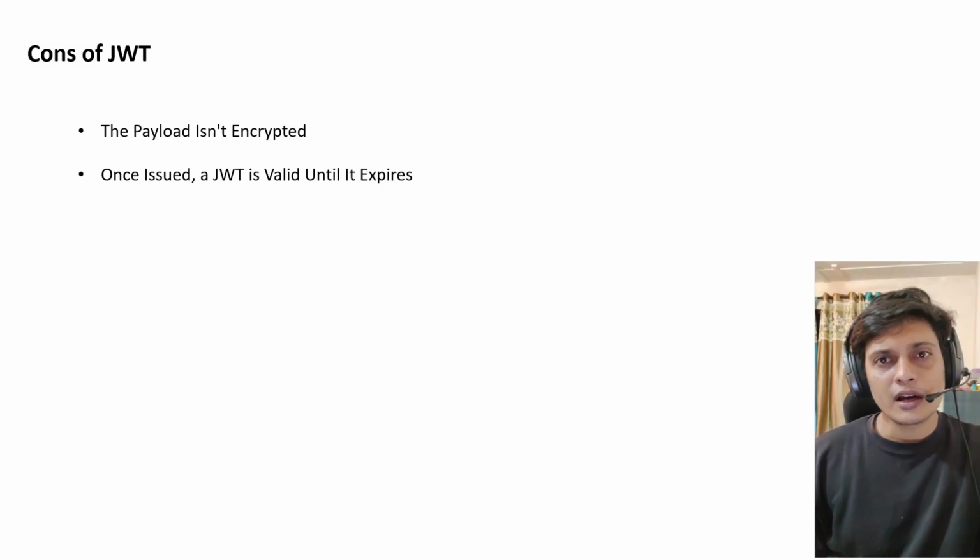But after logging out, that token will still be alive. That token will exist in your browser. So if anyone else comes into that portal and uses that particular token to access your information, they can easily access it. So we need to handle these two things, and they can be handled because we know the cons. Okay, so this is the JWT in a nutshell.